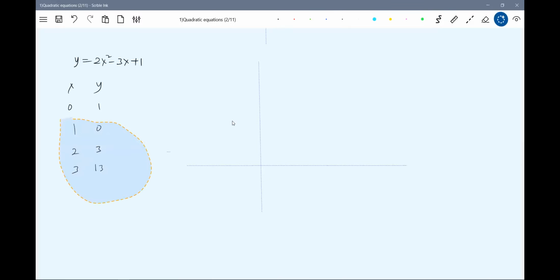Let me choose some other lower values. Lower values of what, like some between 0 and 1, we'll see what conditions we get. 2x square minus 3x, no? Some value is what I have to search.